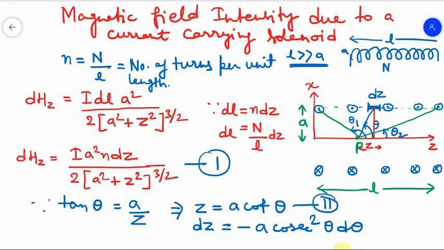Now why are we deriving all this? Because for determining the total magnetic intensity, we have to integrate, so at a later stage we should have the substitutions with us.